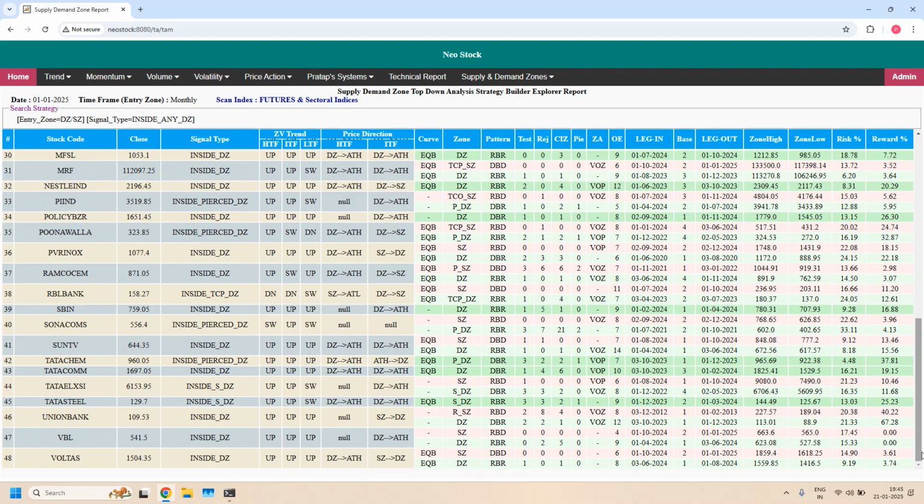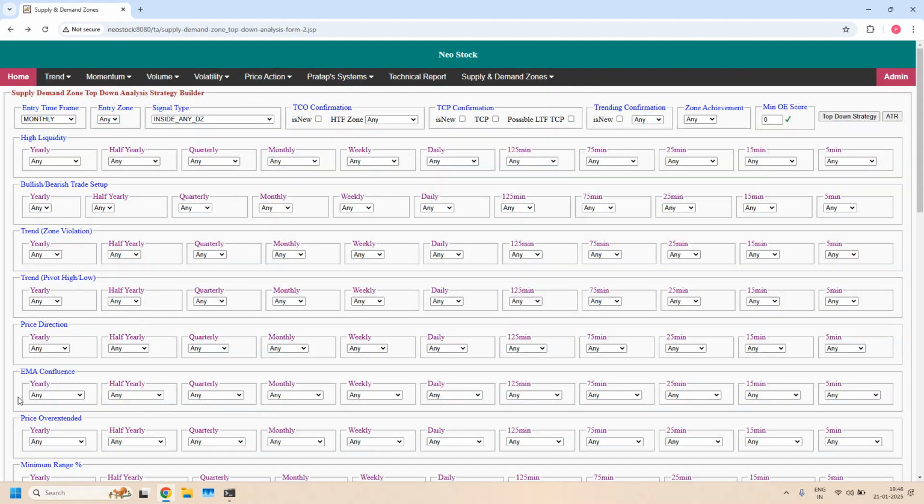We can further filter this list by adding the high probability parameter monthly EMA Confluence to the monthly demand zone. So in the EMA Confluence filter at monthly time frame, I am applying the filter monthly demand zone having monthly EMA Confluence, and trend on the monthly time frame should not be sideways.